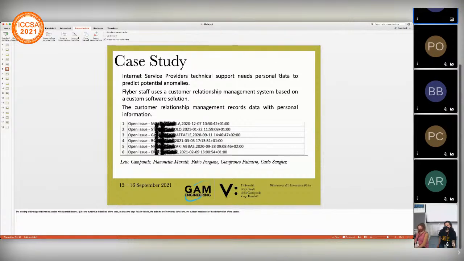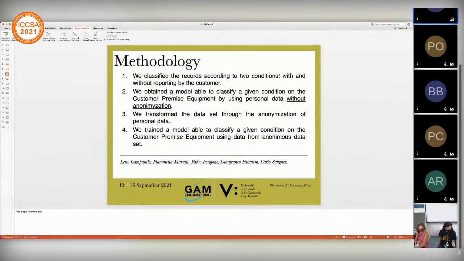Well, our goal was to find a solution. The goal of the staff of Flyber is to put in place a practice to predict anomalies, in order to offer the best quality of connection.